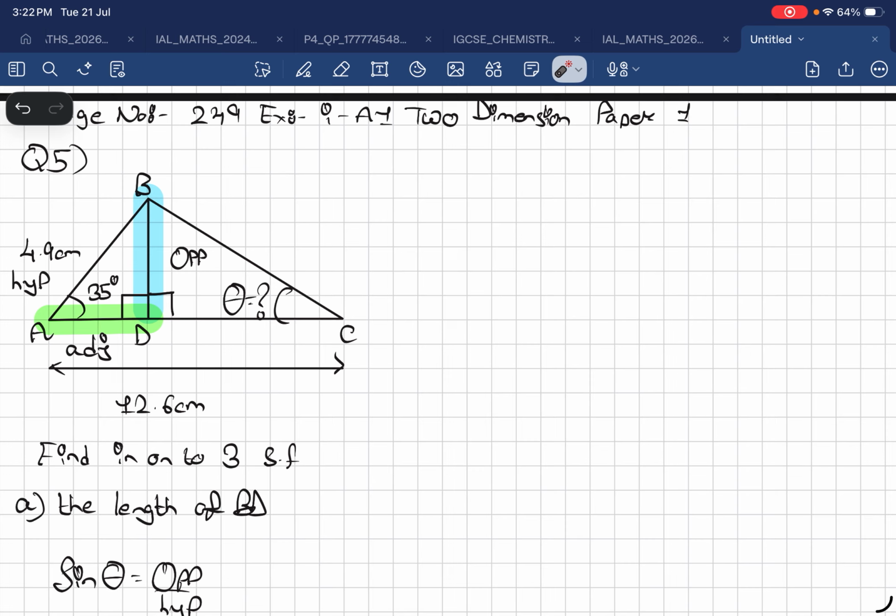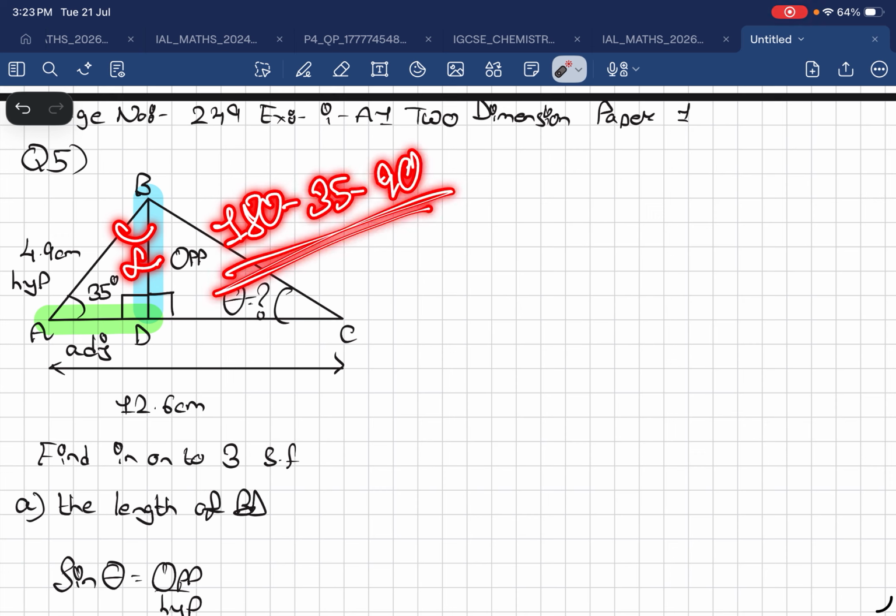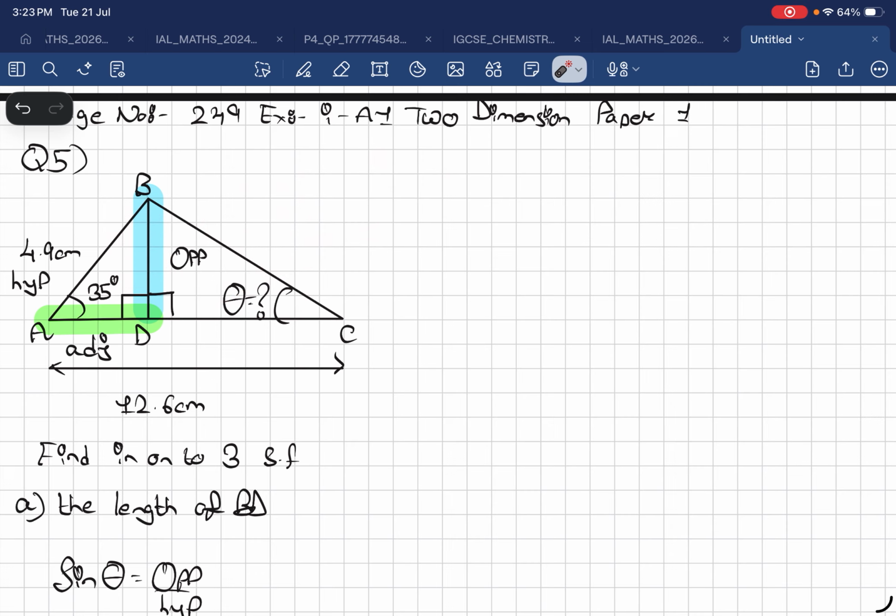And you can also say, then why didn't we use this angle and then find this angle? Wouldn't it be simpler? Well, yes, you can find this angle by doing 180 minus 35 minus 90 degrees. Then you will get this angle, and then you will find out this.